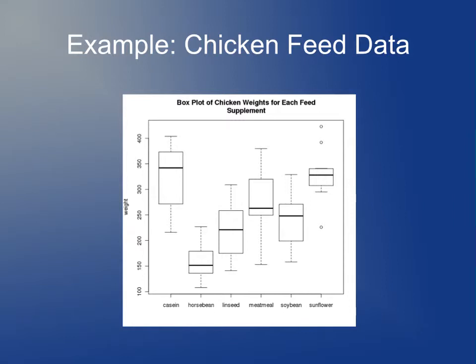You see, for example, the chickens that got casein had a median weight of a little under 340, with an interquartile range that goes from probably around 270 to 370. Meanwhile, the median for horse bean was around 150, the median for linseed was a little over 200, and so on.